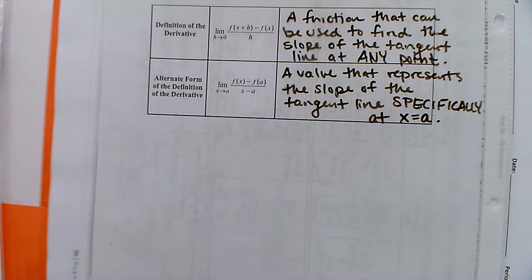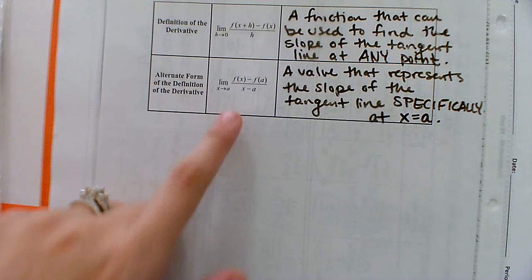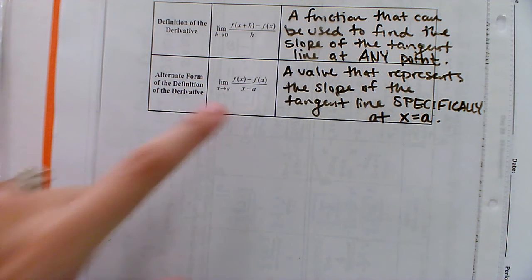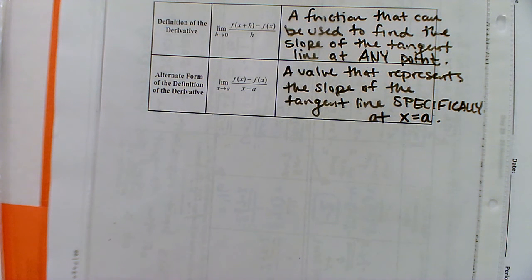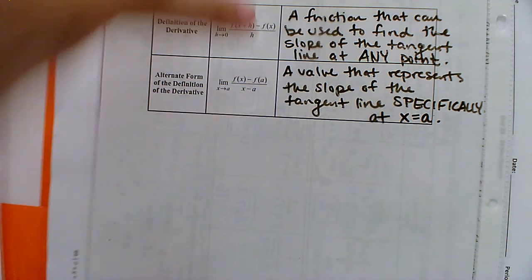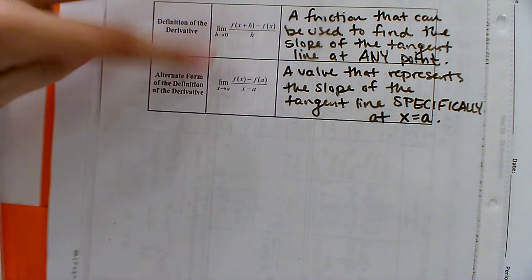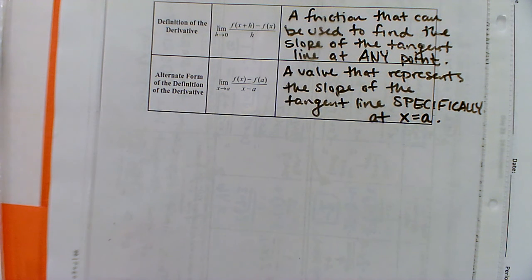The one limit gives you an equation, a function that you can use for anything. The other limit is giving you a number, which represents the slope at one point. You would have to repeat the process if you wanted to know other points, and if that was the case, probably using the first limit would be the better option, because if you can get an equation that can be used for any point, you can just plug in those points and figure out those slopes. Boom, boom, boom, boom, boom. So there are some pros and cons to each, but we need to know the difference.